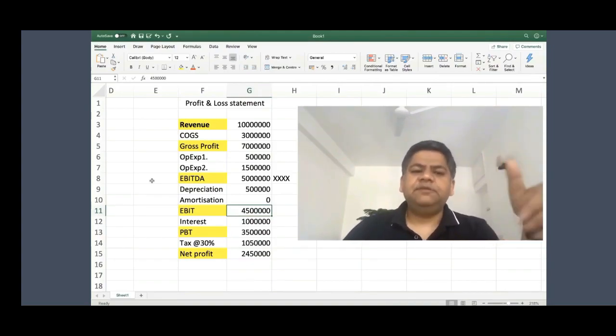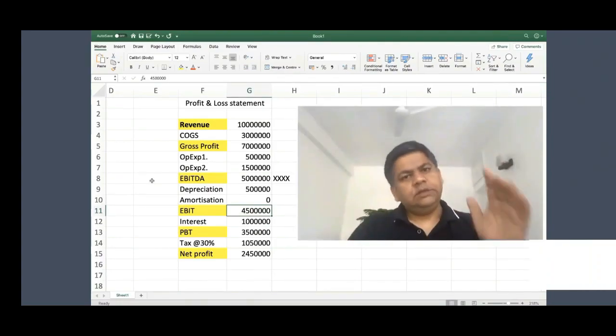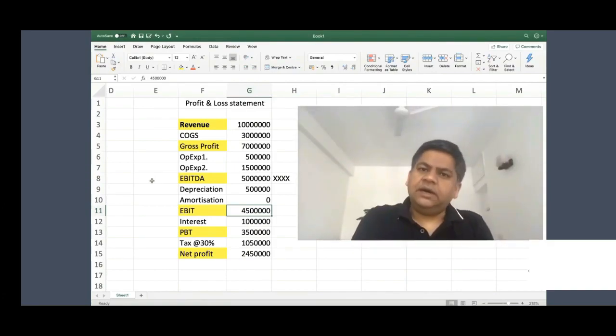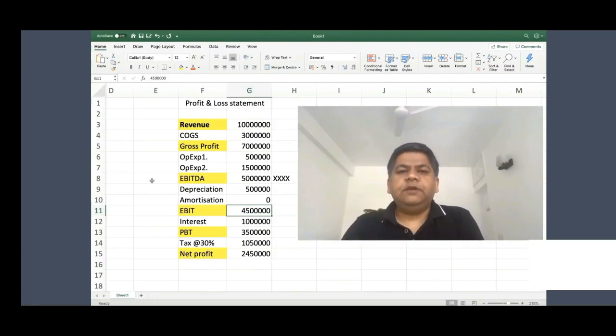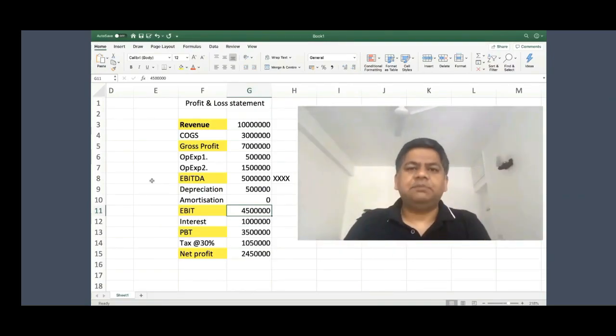In that example we have taken amortization as 0, which means the company has taken a loan but is only paying the interest, and they have a term and condition where at any point of time they will shift their liability from the debt side to the asset side, where they will pull money from whatever retained earnings they have and pay off all the debt at a time. That is the kind of situation here in this example, right?